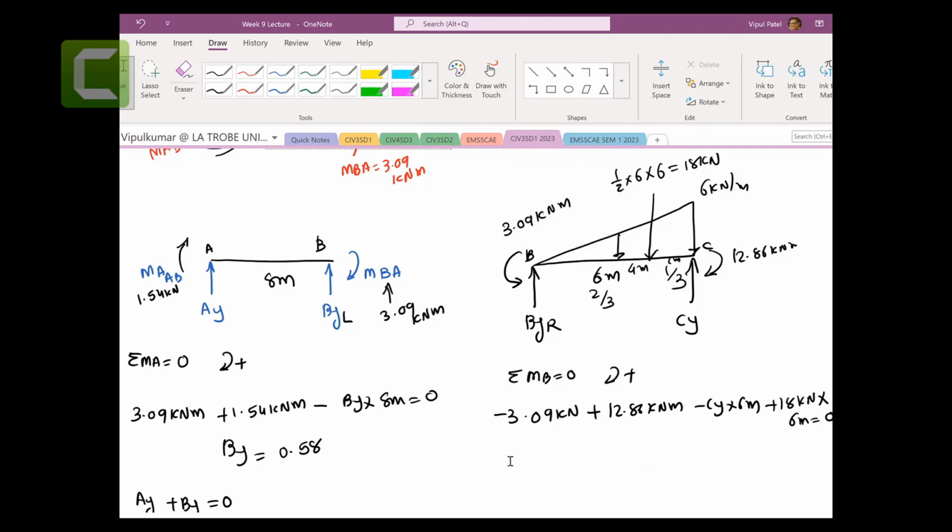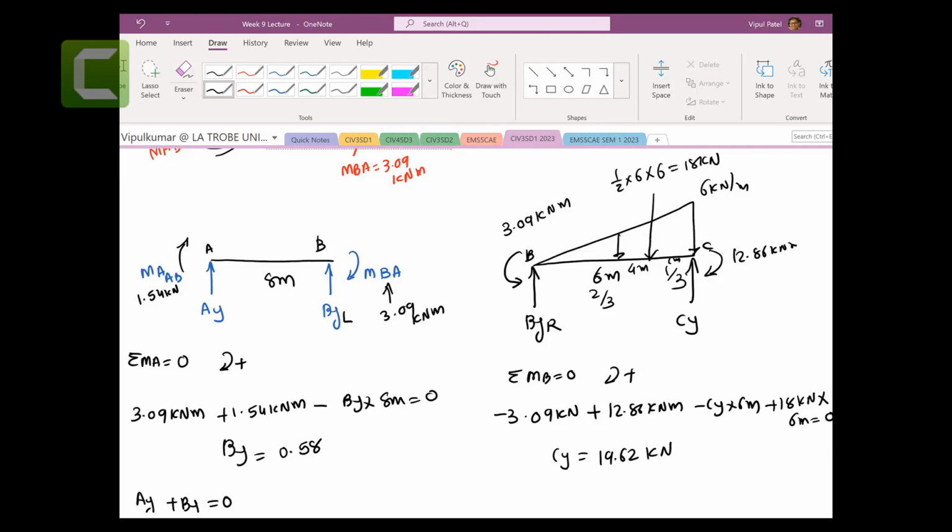something did not go right. CY equal to 19.62 kilonewtons. Let me fix up something. I think I need to fix something: 12.86 and 3.09.